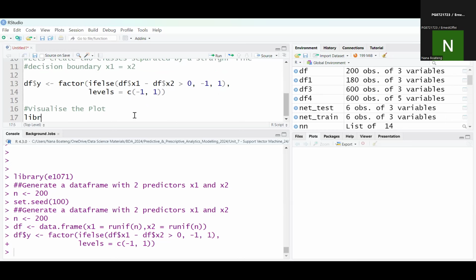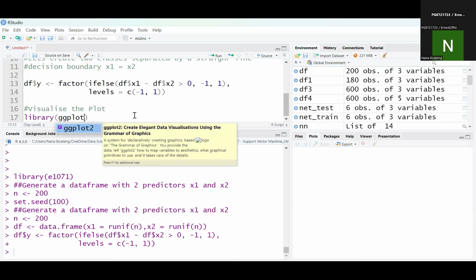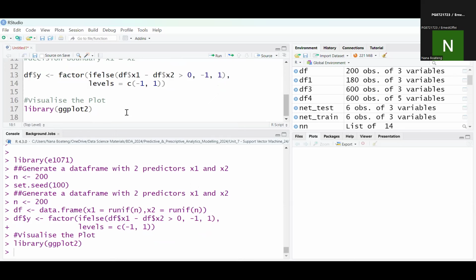So let's use ggplot for that. ggplot df, our aesthetics: we have x1, then we have x2, and y.